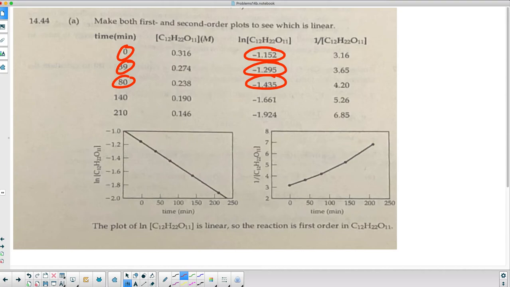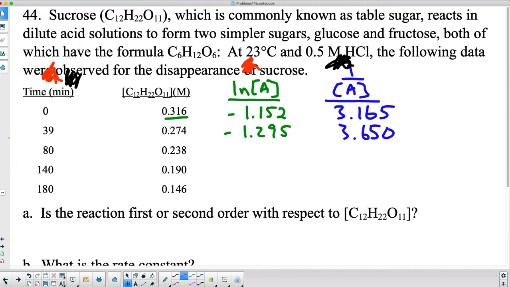And that gives me a straight line for the natural log. Okay, that's not a straight line, but the straight line is already there. So that means that here I have a first order. Notice that my second order is not straight, so it must be a first order reaction. So when I come back to the question here, the answer is first order.